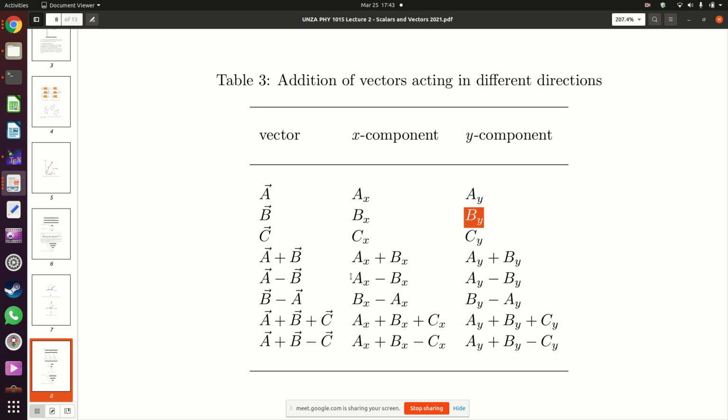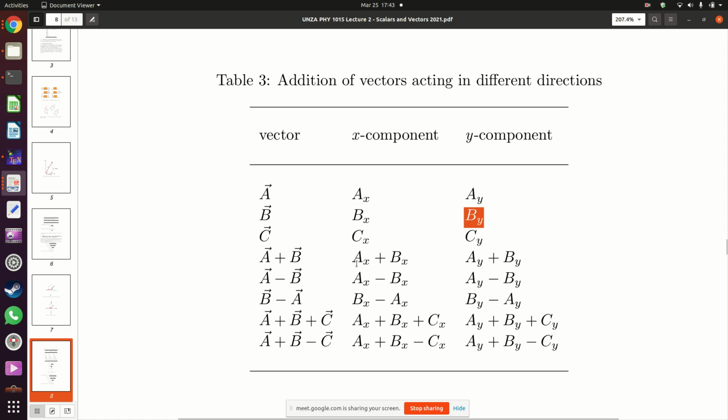You just add the components of the vectors involved in the operation you're doing. If you're doing addition, a plus b, you add ax plus bx. That tells you how much a plus b is along the x-axis. Then ay plus by tells you how much a plus b is along the y-axis.